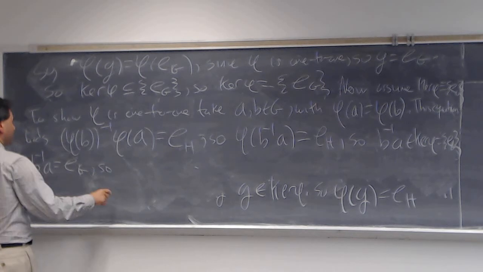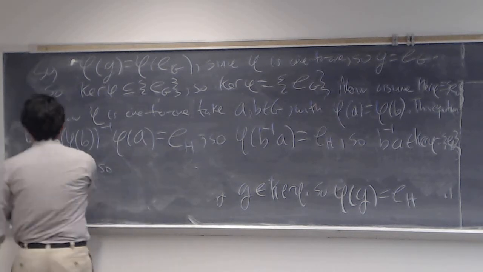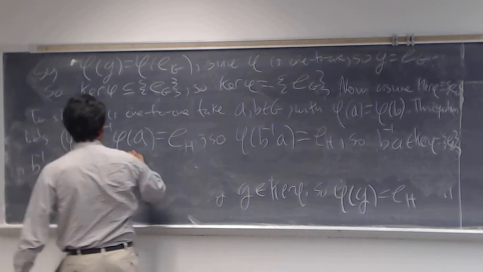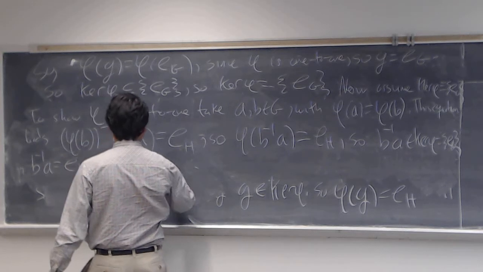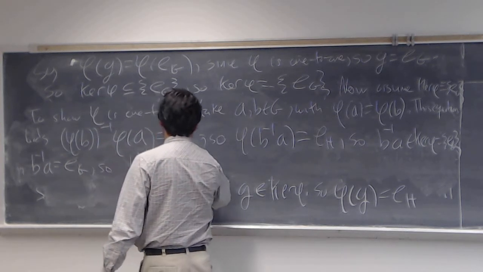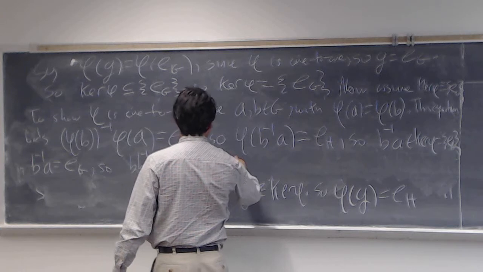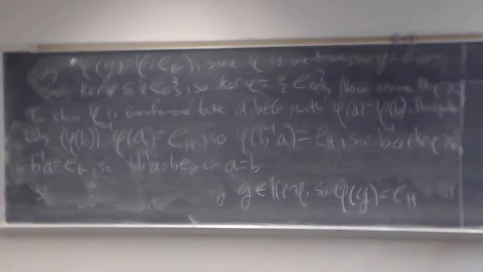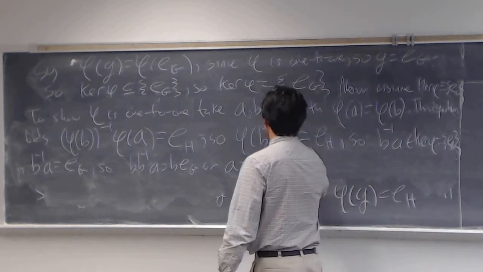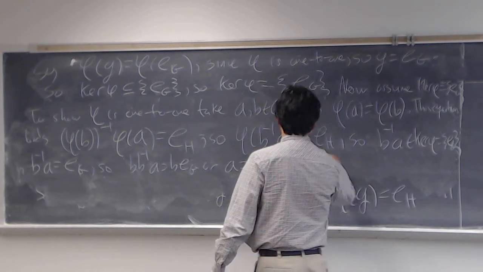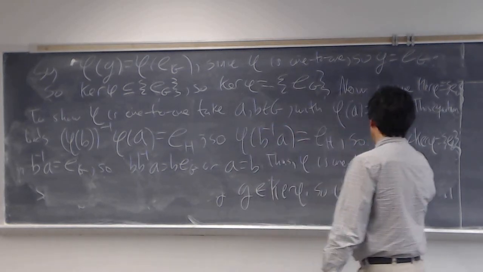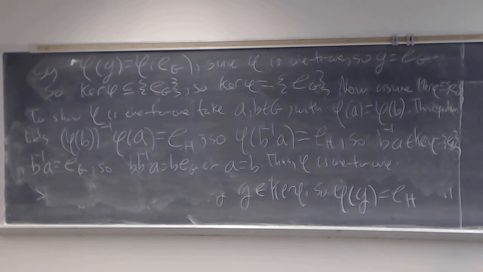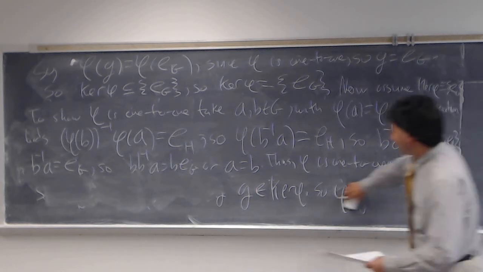And so if we multiply on the left by b, that would cancel, so a equals b. Thus phi is one-to-one. So we proved both implications of the theorem, as required.